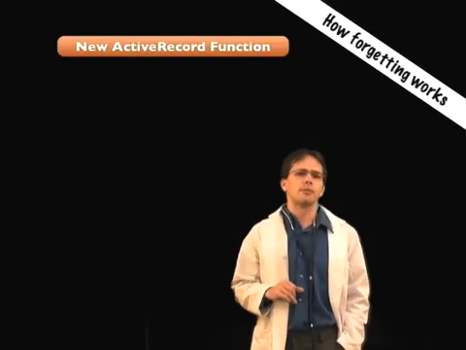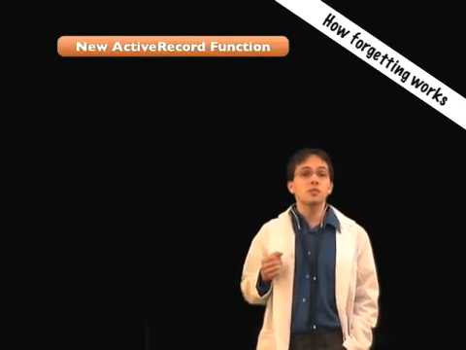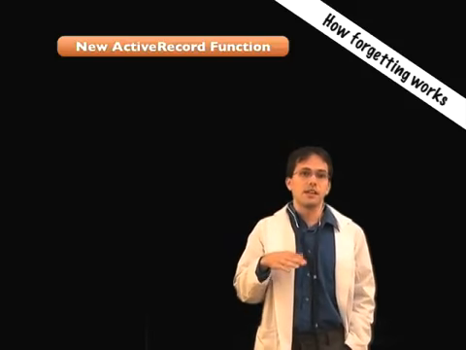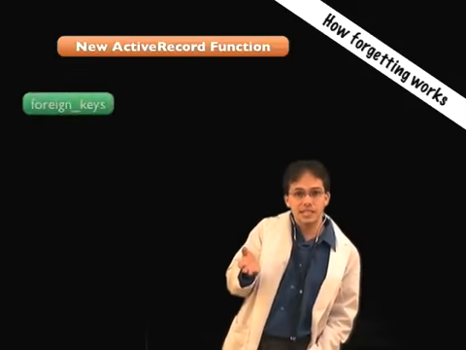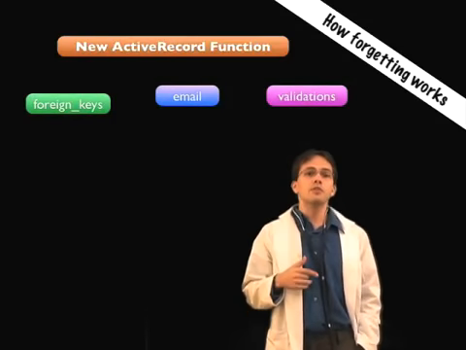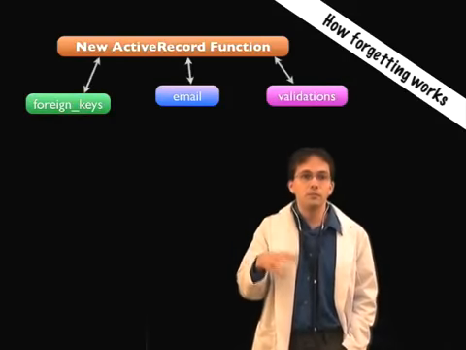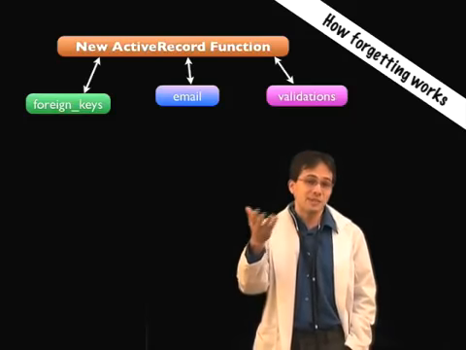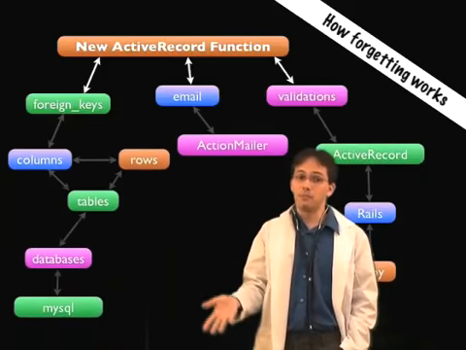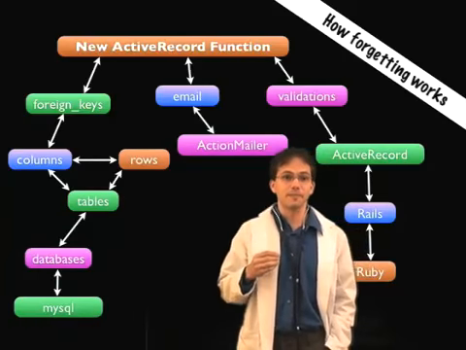So how does forgetting memories work? Well, if Greg and Jason were to hand you a new ActiveRecord function which you had never seen before, maybe related to foreign keys, email, validation, your brain would form a new neural grouping which would become the memory, right? That's how we create memories. Of course, each of these other memories is linked to a bunch of others, right?